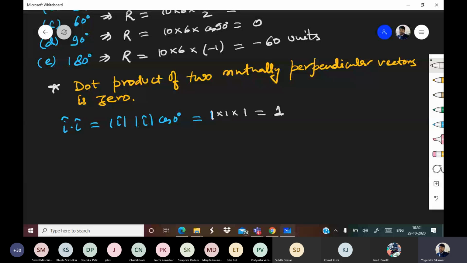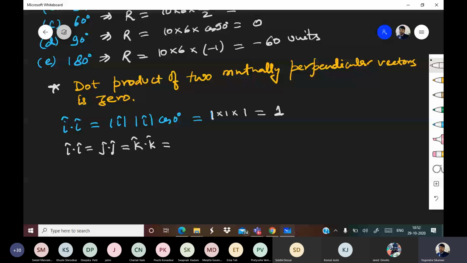It tells us that i dot i is equal to j dot j is equal to k dot k is equal to 1. So the dot product of a unit vector by itself always gives you 1. By itself, mind it.